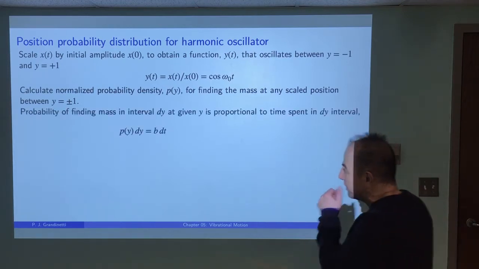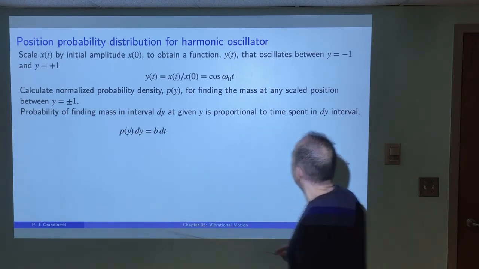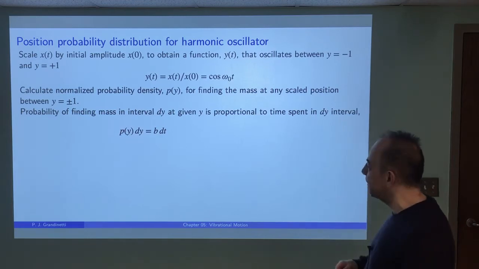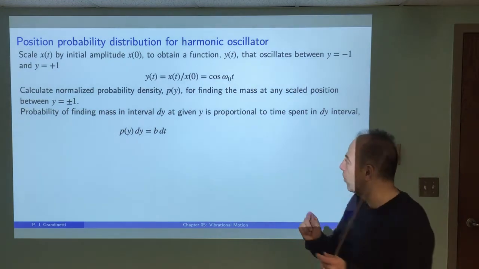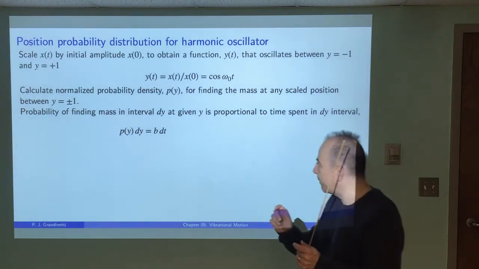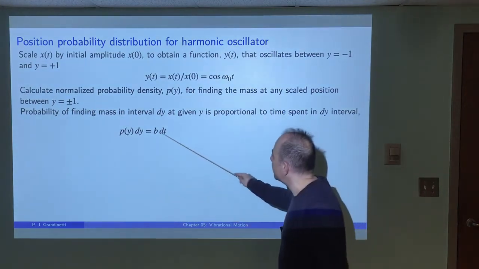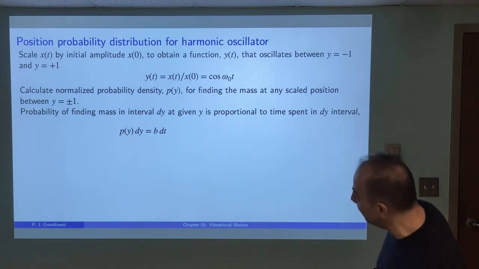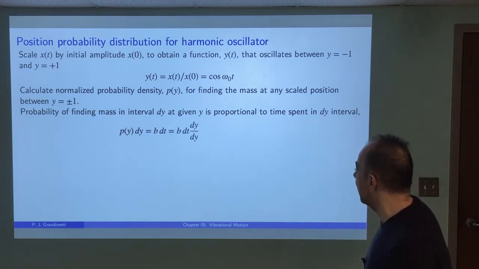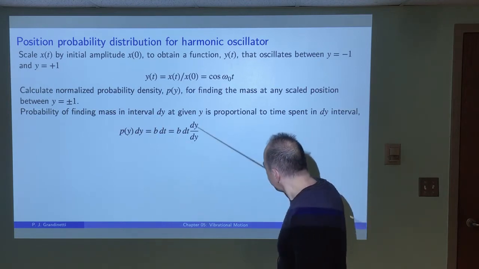The way we're going to do that is we're going to say that the probability density function times some interval is going to be proportional to the time spent in that interval. So the probability of finding it in an interval is proportional to the time it spends in that interval. And so we'll have a proportionality constant b, and then dt is the time interval that it spends in that position interval. So what I'm going to do is do a little trick here.